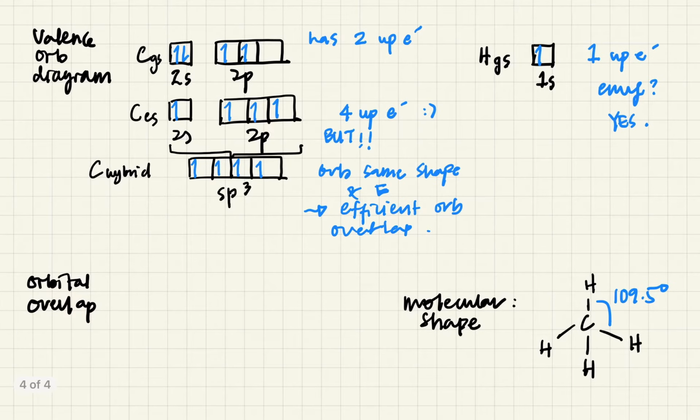So now, we're going to draw our orbital overlap. Okay? So, from your valence orbital diagram, highlight carbon hybrid and hydrogen ground state. So you're going to basically translate this orbital diagram and this orbital diagram into orbital overlap.